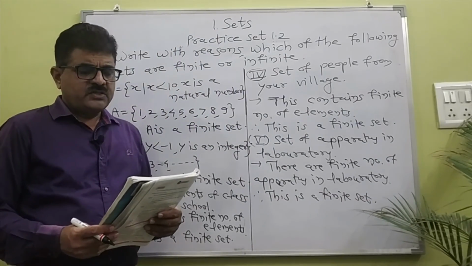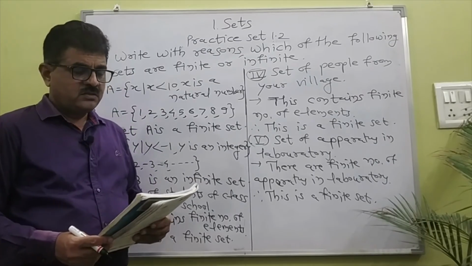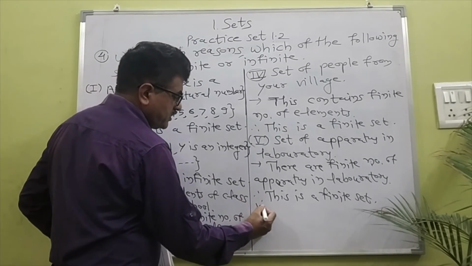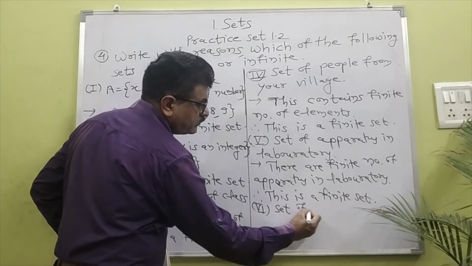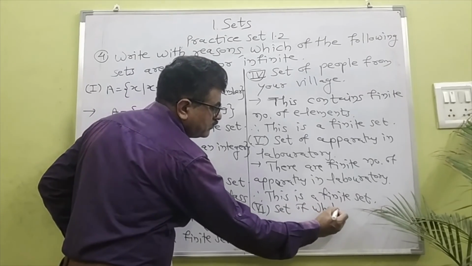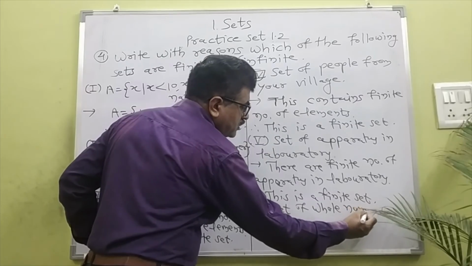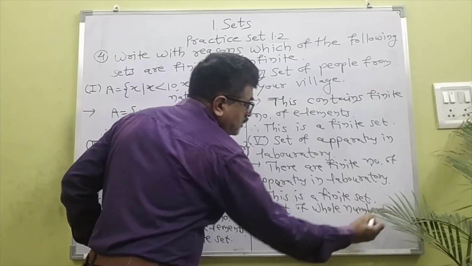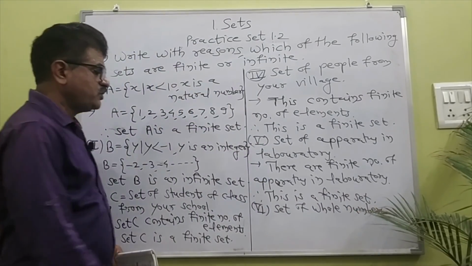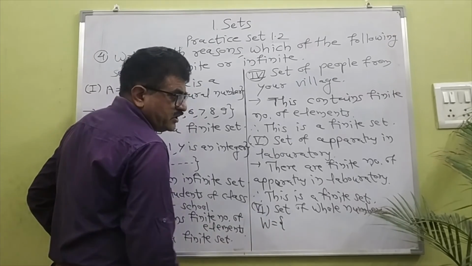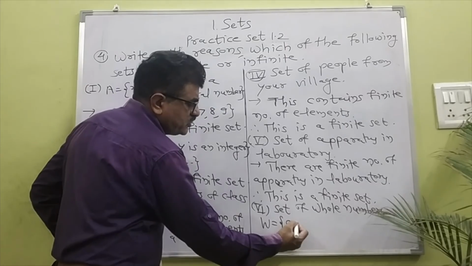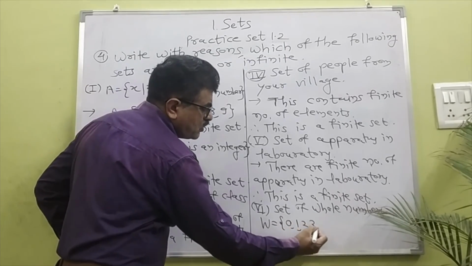And here, number 6. Set of whole numbers. Suppose this is set W, it contains whole numbers, that is 0, 1, 2, 3 and so on.